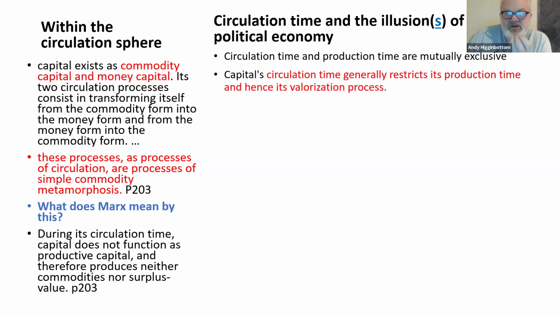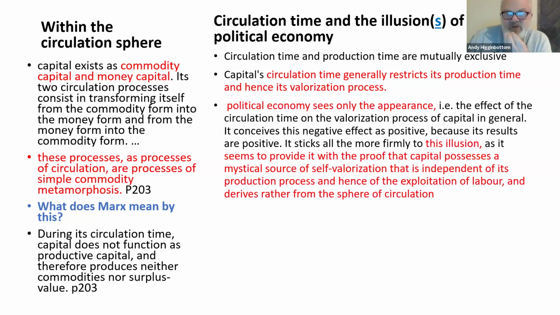But he argues that because capital has to spend time in circulation, this can give rise to a certain illusion that profits actually spring from circulation. Political economy sees only the appearance. The illusion seems to provide political economy with the proof that capital possesses a mystical source of self-valorization, independent of its production process and hence the exploitation of labor.